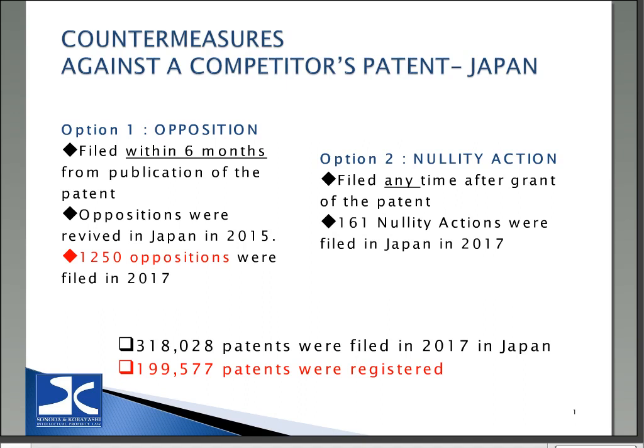And this number is relatively small because last year there were over 300,000 patent applications filed in Japan and almost 200,000 patents granted. So the opposition and nullity actions were filed for less than 1% of Japanese granted patents.